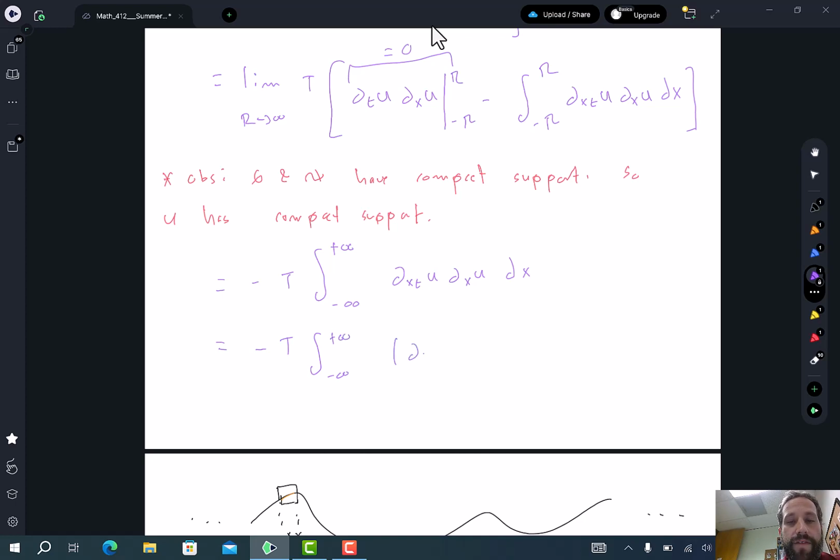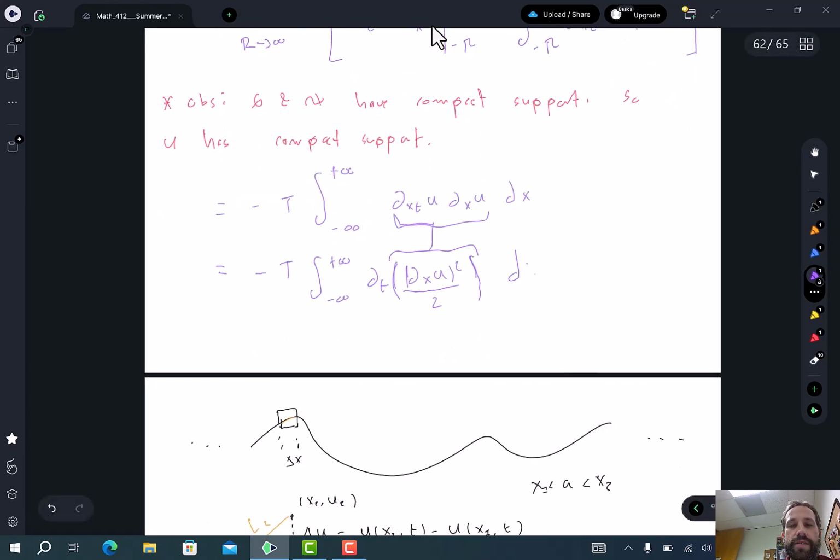So I'm going to have here the x derivative of u squared, and on the outside, I'm going to take the t derivative. Now, I'm going to have to divide this by 2. So just take the t derivative, just actually compute this, and you will see that it's equal to that, just by using the chain rule.